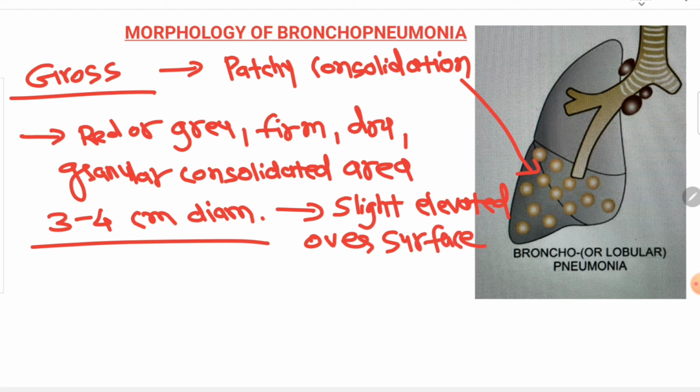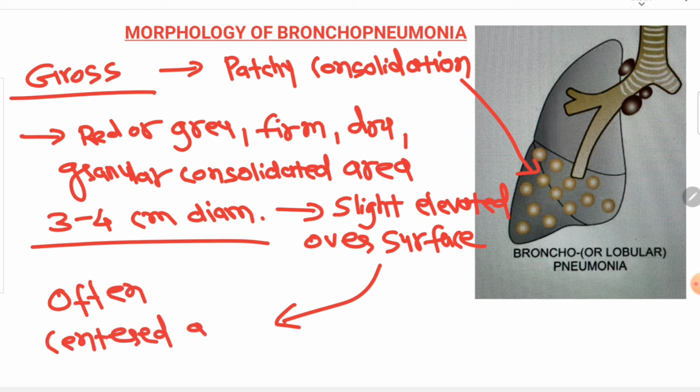Such consolidation is often centered around the bronchioles. So that is about the gross appearance of bronchopneumonia. Here the four classical stages are usually not present.